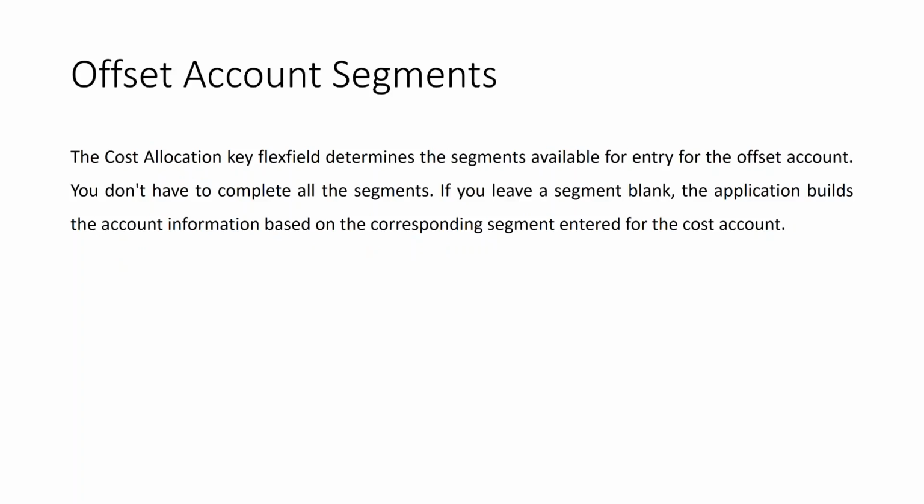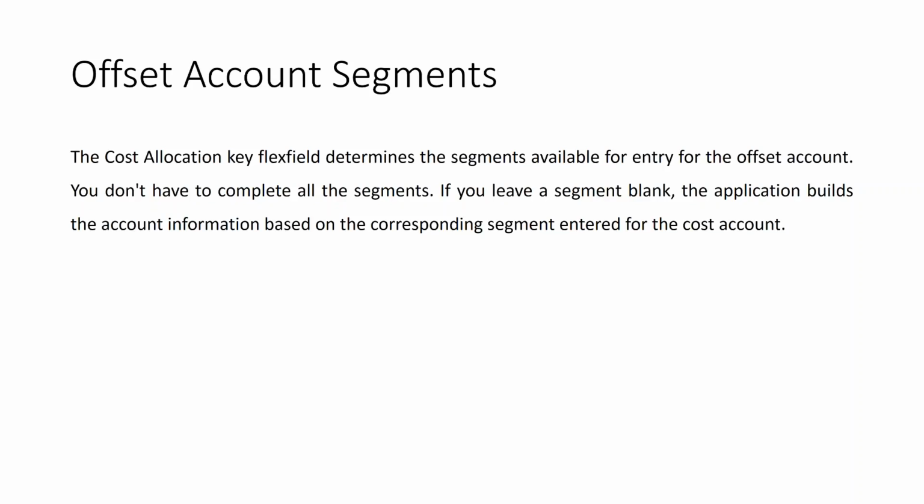We have seen how the offset account is defined at the payroll, at the element link level. Now, what is important to keep in mind is that if you do not have any of the segments at the offset account level, then it follows exactly the same hierarchy as the cost account.